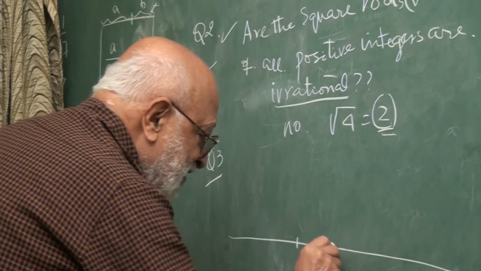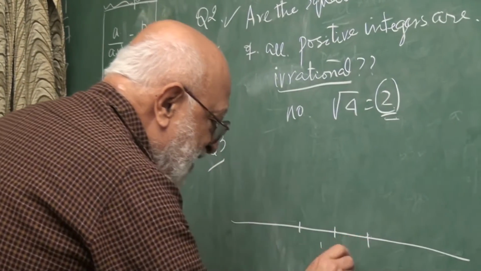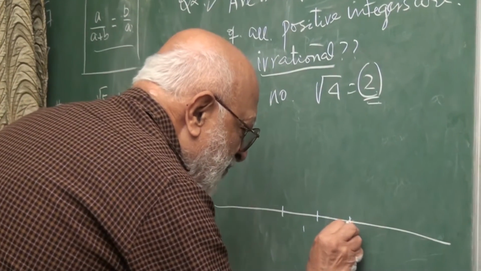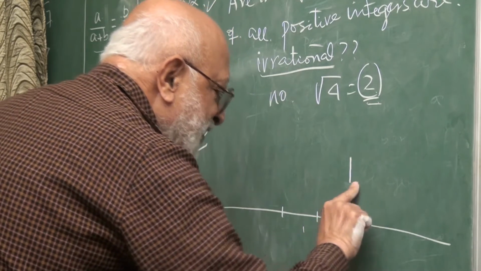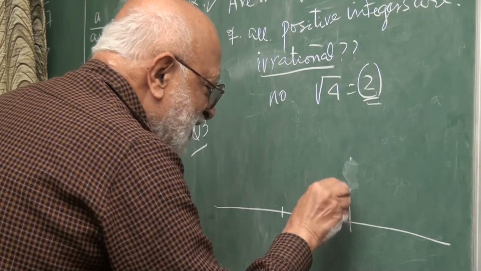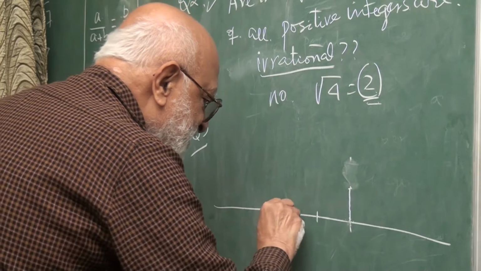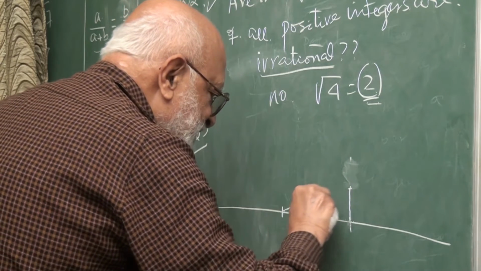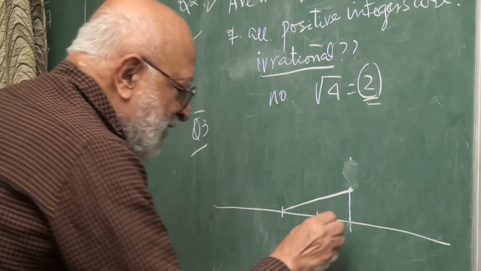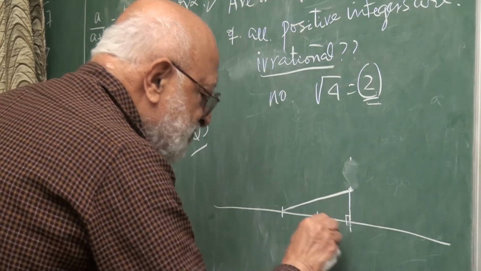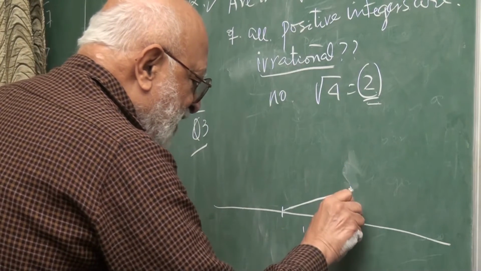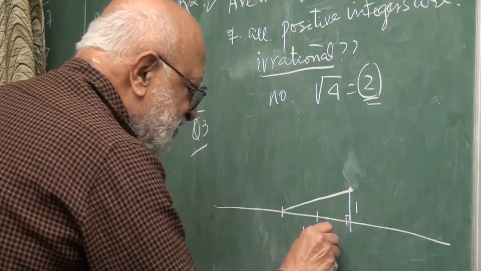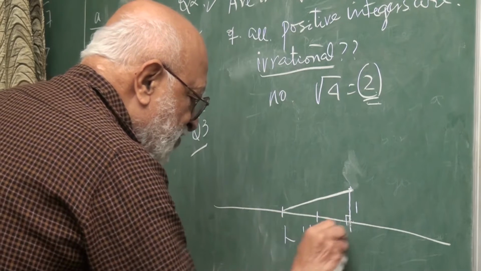Say this is 1 and this is 2, and similarly you draw a perpendicular line here that goes to 1 unit. And then you join these two. Since I have drawn a perpendicular line, I can apply the Pythagoras theorem, and this is 1, this is 1, and this whole thing is equal to 2.